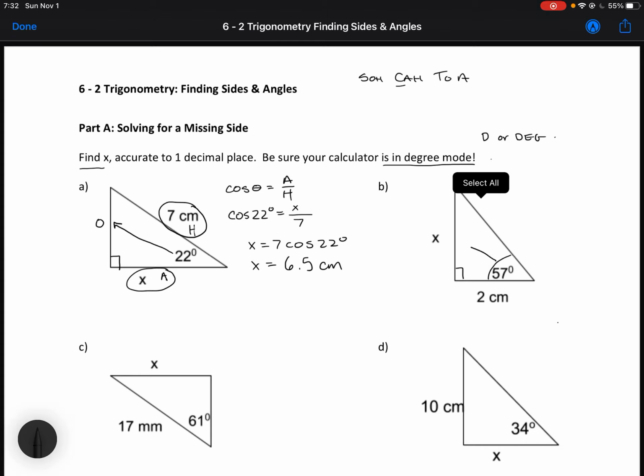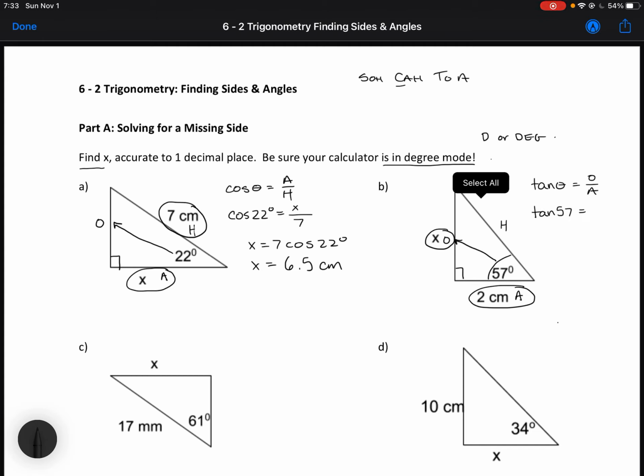The next example that we're going to do starts off here. So we've got our angle is 57. Directly across from that is our opposite side. Beside our angle is our adjacent, and then across from the 90 degree is our hypotenuse. So we are looking for a trig ratio that uses the opposite side and the adjacent side, which is going to be our tan ratio. So tan theta is our opposite over adjacent.